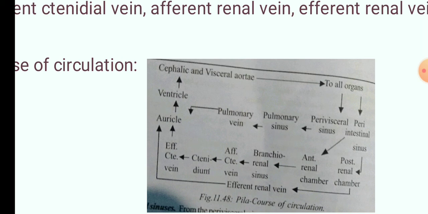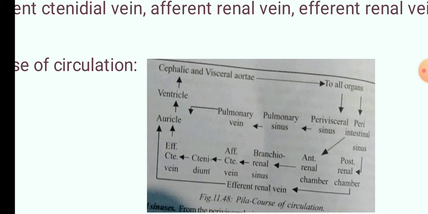And during aerial respiration, what happens? The blood from the perivisceral sinus passes into the pulmonary sinus. After the gas exchange, it enters the auricle through the pulmonary vein. That's why there are two pathways from the perivisceral sinus.